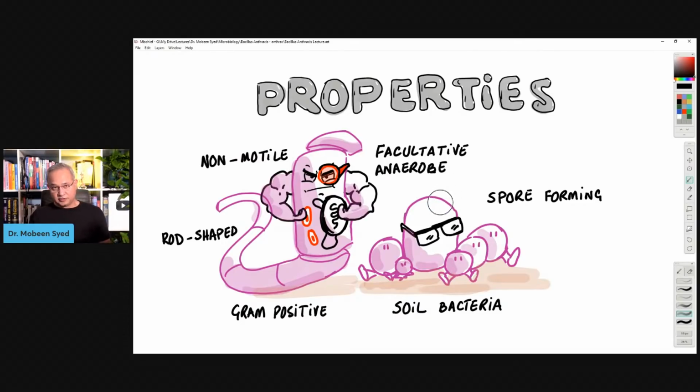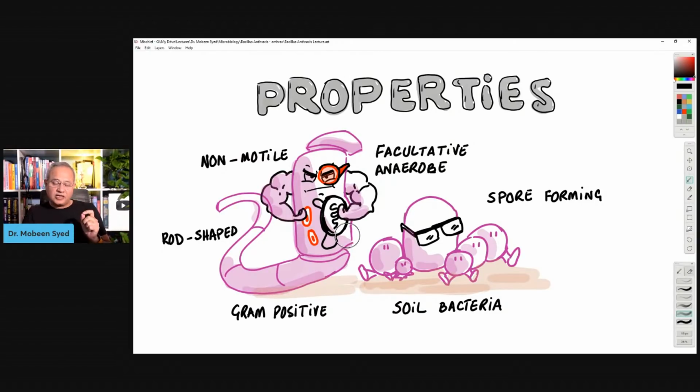Now, properties. This is important. It is a non-motile gram positive. So this purplish color is a gram positive color. It is a non-motile gram positive rod-shaped pathogen. It can be aerobic or facultative anaerobic. What does that mean? Aerobic means a pathogen that needs oxygen to grow.